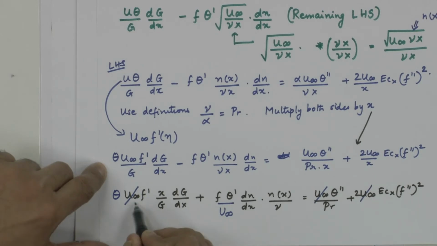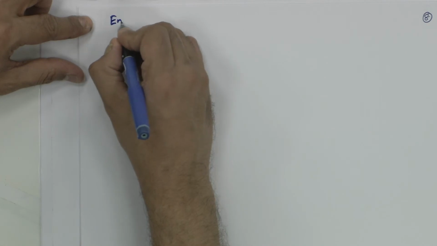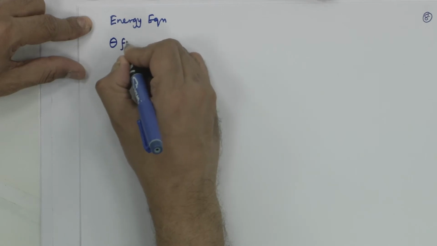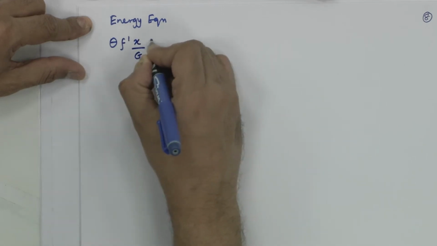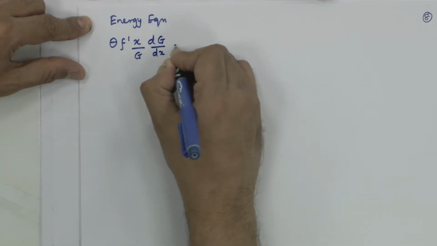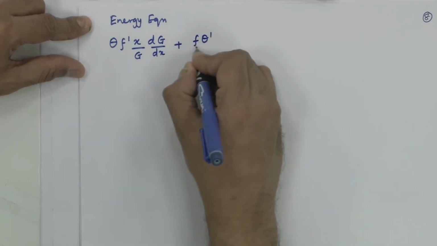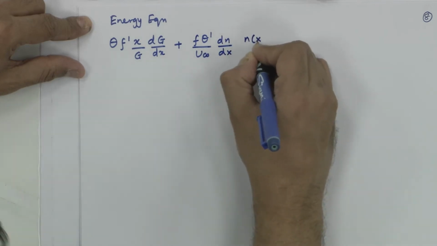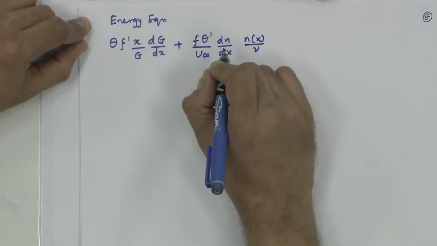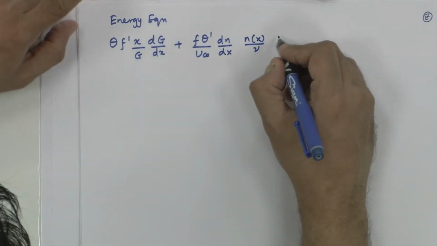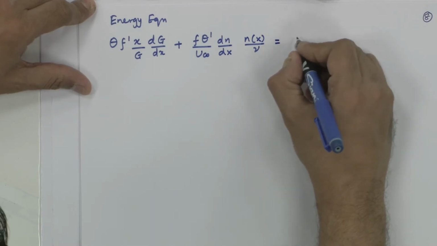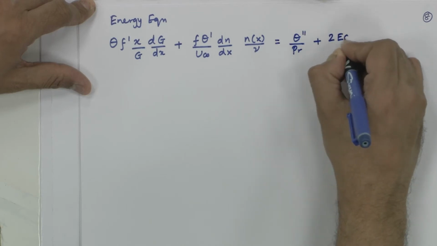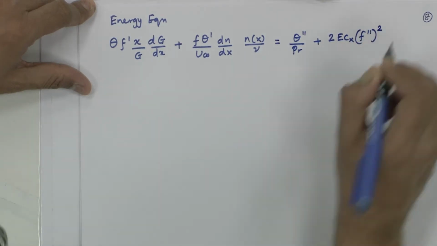So I am left with the energy equation becoming theta f prime x by g dg by dx plus f theta prime u infinity dn by dx n of x by nu, this nu should go away. This is nothing but theta double prime by Prandtl number plus 2 Eckert f double prime squared.